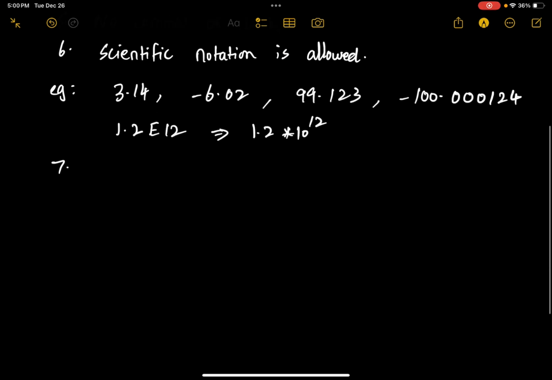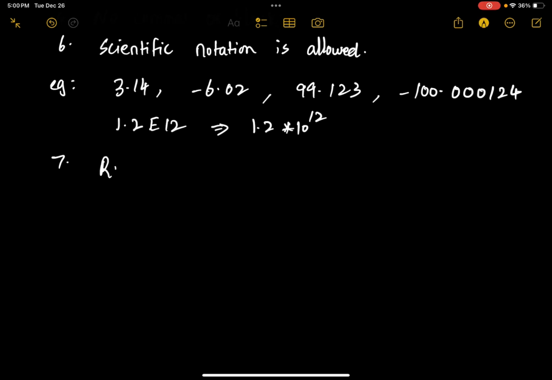And the last rule is about the range. So to store a floating point number in your computer, you would again need 4 bytes of memory. However, the range is very high for a floating point number.